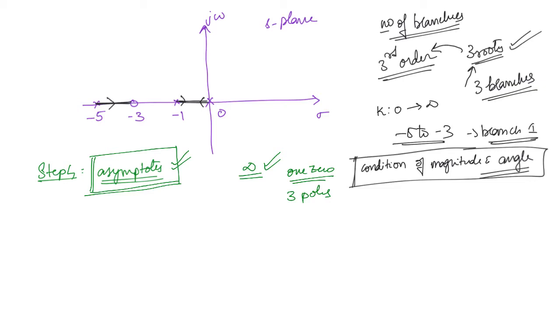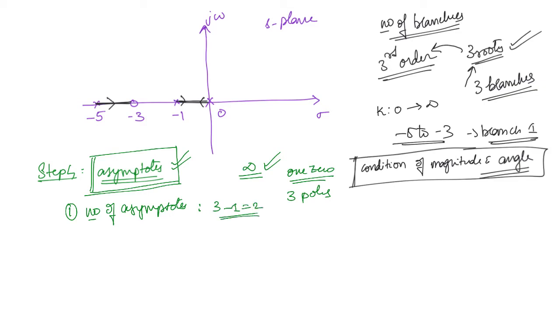Now when you're drawing the asymptotes, you have to first find out how many asymptotes there are. The number of asymptotes. In this case, it will be 2. Basically it is the difference between the number of poles and number of zeros. So here 3 minus 1 is equal to 2.